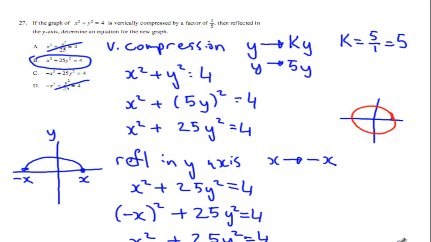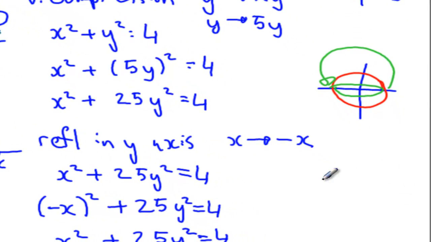Since this is a vertical compression, it's going to be compressed by a factor of 5, and we're not going to get a circle, we're going to get an ellipse like that. The reflection, x to negative x, has no effect on the actual shape of it. It does take a point from here and move it over here, but the actual shape will be exactly the same as it was previously. And that's about it.